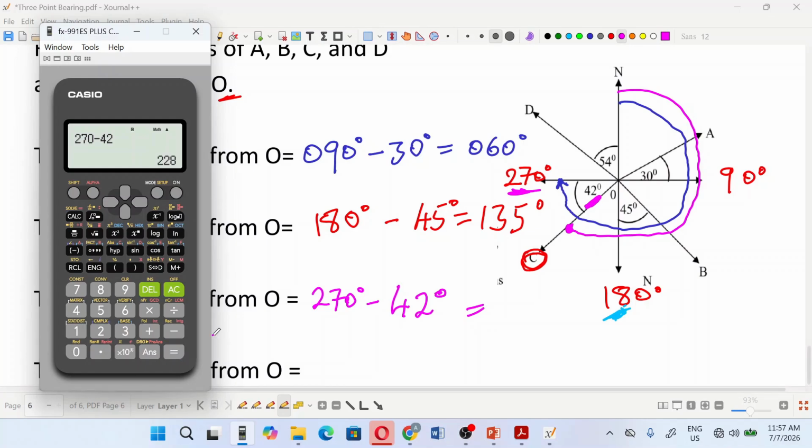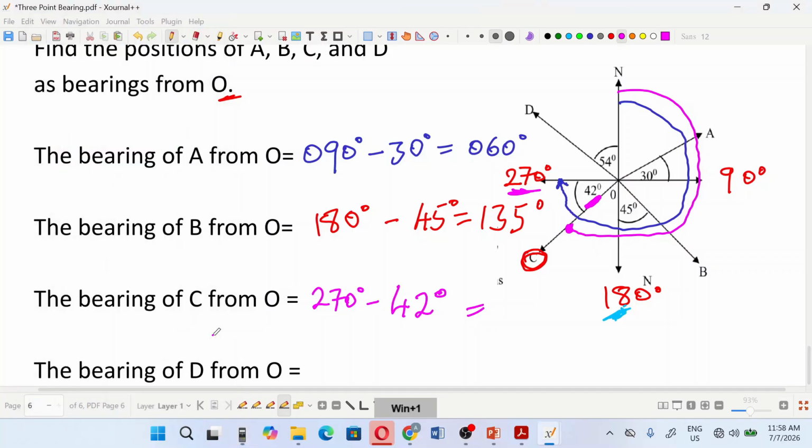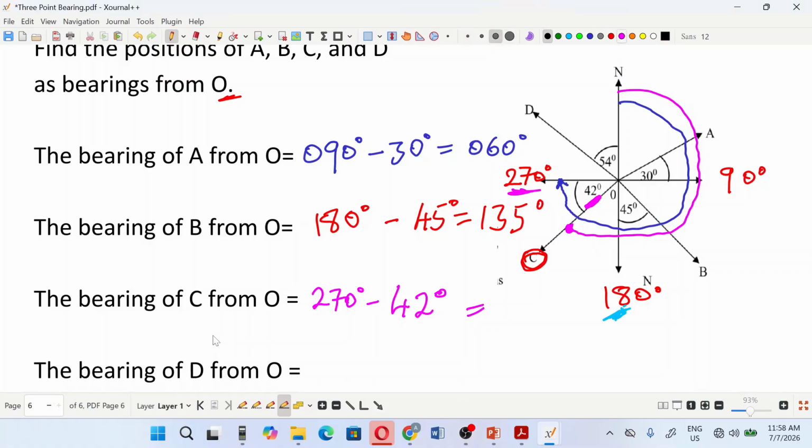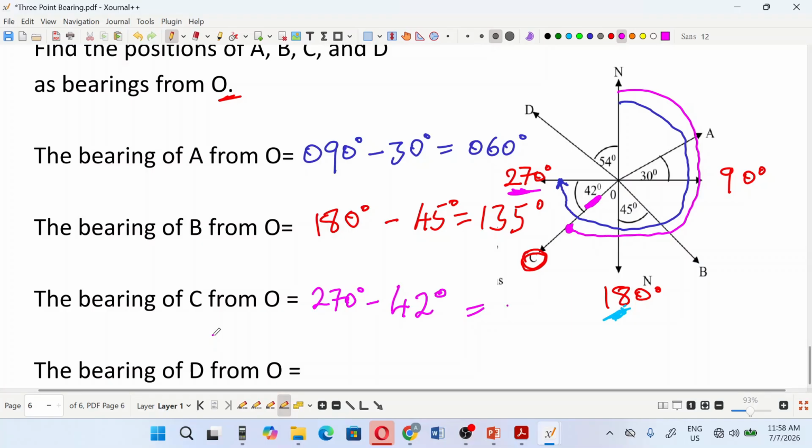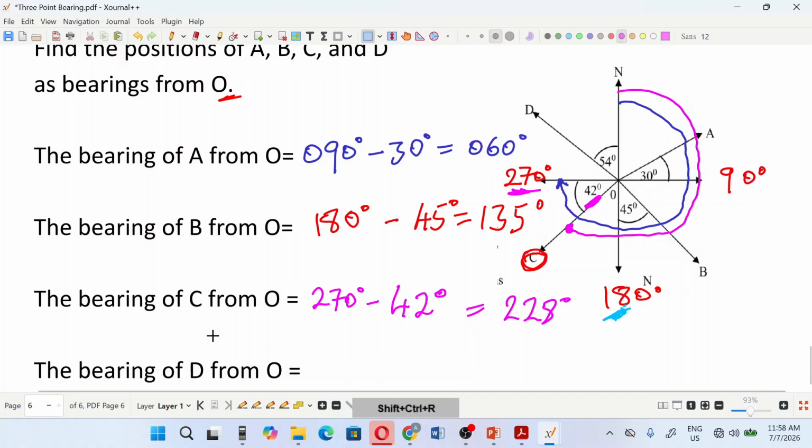So it tells me that that whole turning is going to be 228 degrees, right? So it told me this is going to be 228 degrees, right? So let's look at the next one, which is our last one.